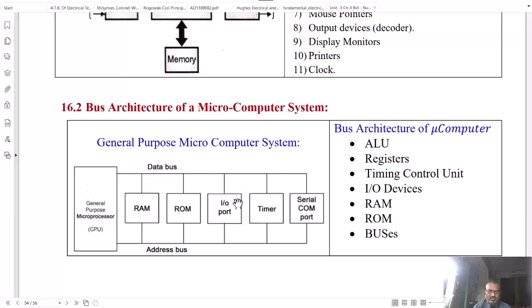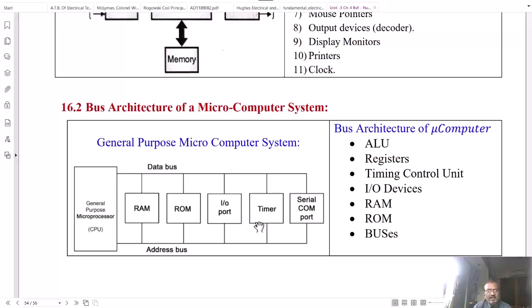And for that purpose, appropriate internal digital electronic circuitry is present with the central processing unit system, that is called IO ports. The microcomputer system also has an additional block that can be called timers. Timers are optional, but they are also present in most computer systems, so that digital time counting can be done and time keeping can be provided by using the timer blocks.